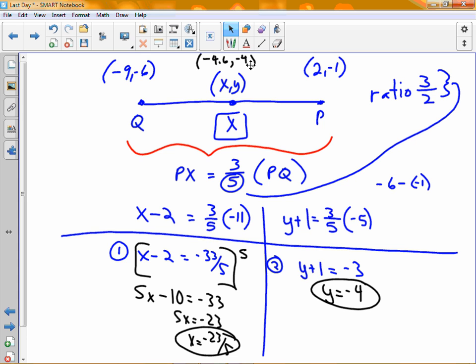If it was 1/5 right there, you would need 6 parts. Again, where I'm getting that word parts from is 3 halves. I'm just adding the numerator and denominator. Again, the way you know to look for that is the word in the problem, partitions.